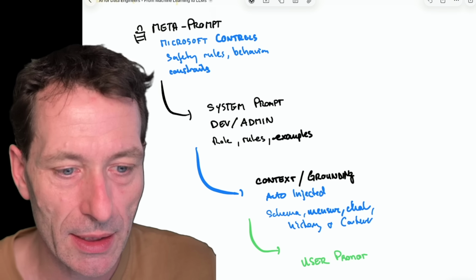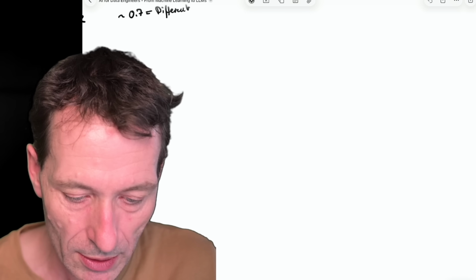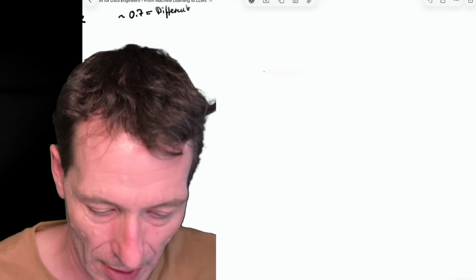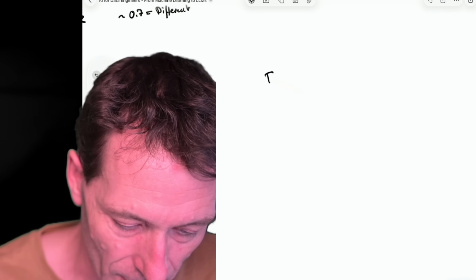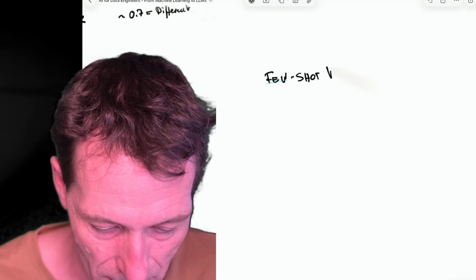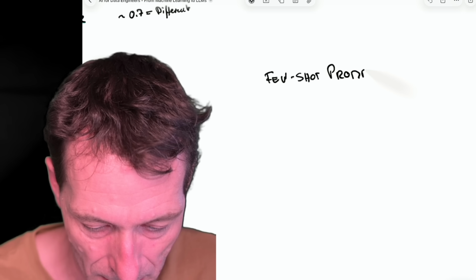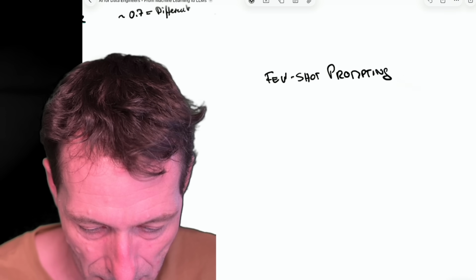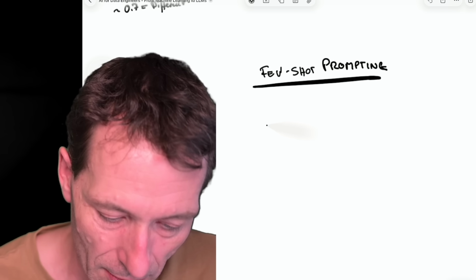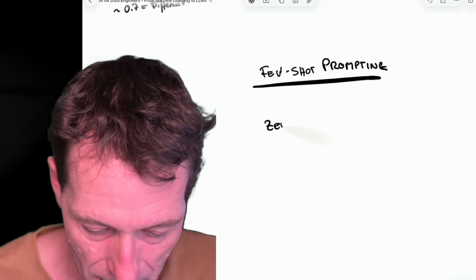There are prompting strategies. The most important one is zero versus few shot prompting. Few shot prompting, very easy. First you have zero shot.